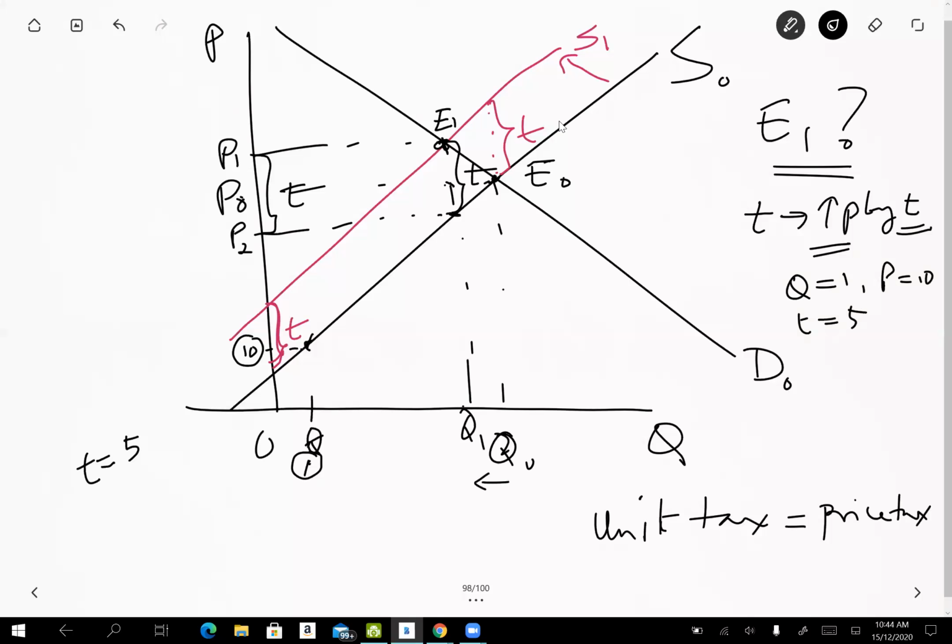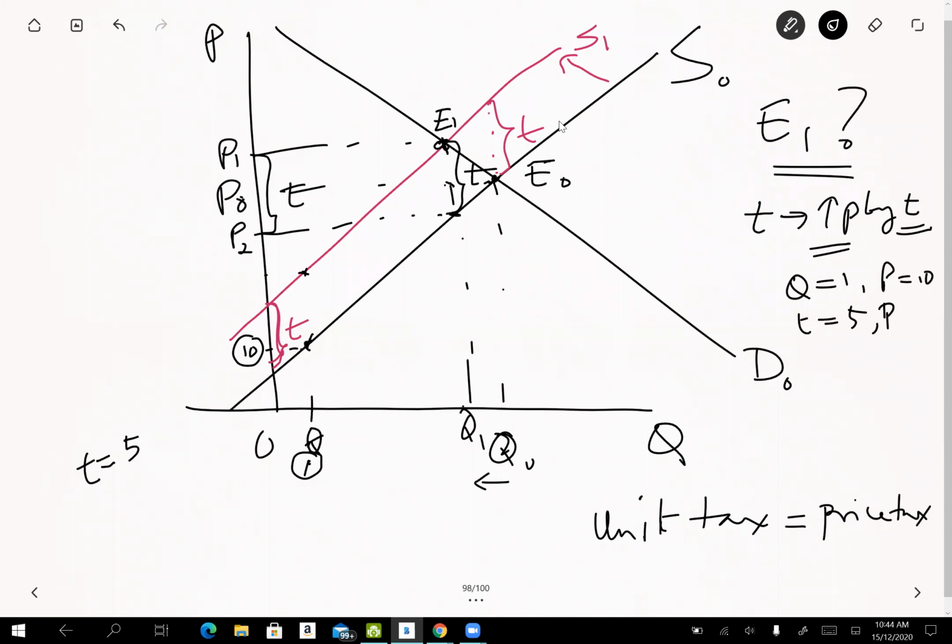So now what happened to the price? 15. Okay, I just increased the price by the tax. So that's why we got the marginal cost plus T, or the price plus T.